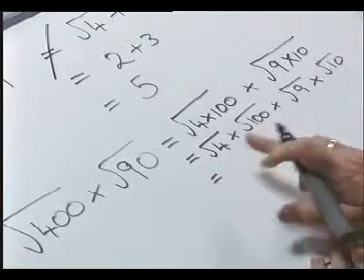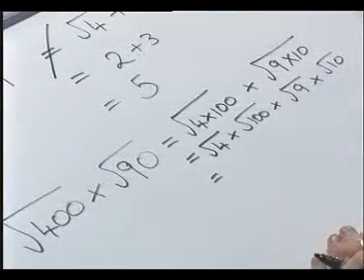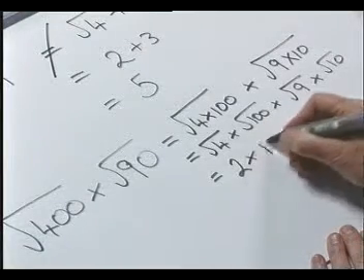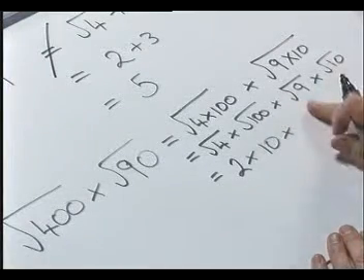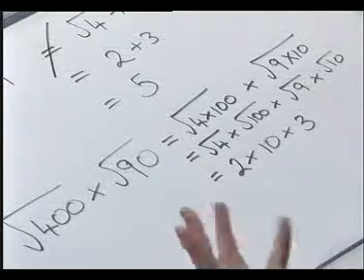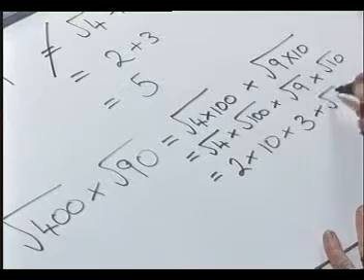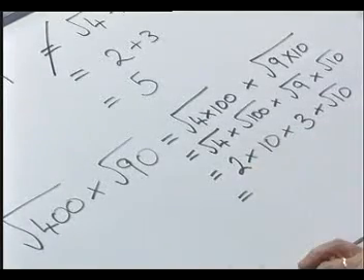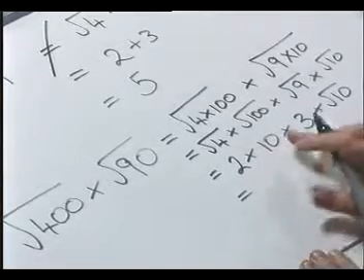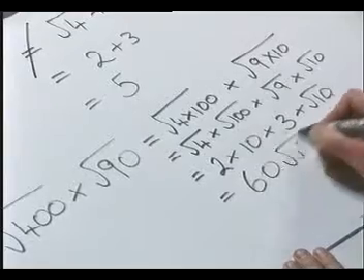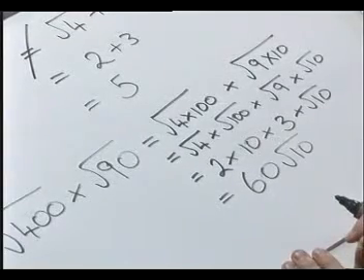Then we simplify. We know the square root of 4 because it's a square number, it's 2. We know the square root of 100 is 10. Square root of 9 is 3. But the square root of 10 is just the square root of 10. And we neaten it up by multiplying these three numbers together. That's 2 times 10 times 3 is 60. 60 root 10.